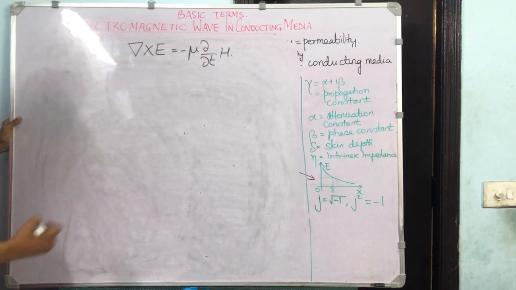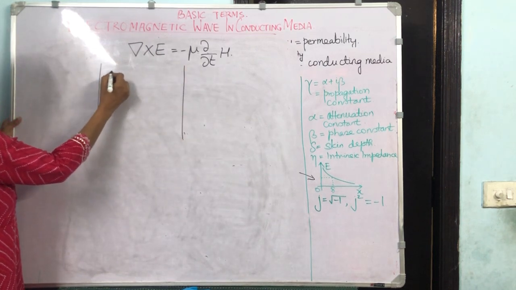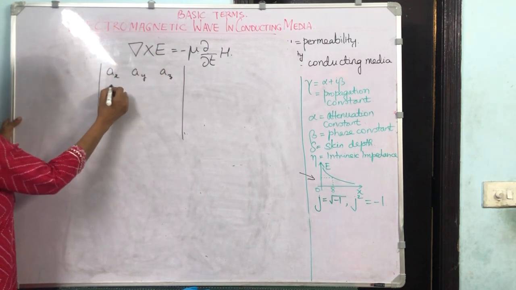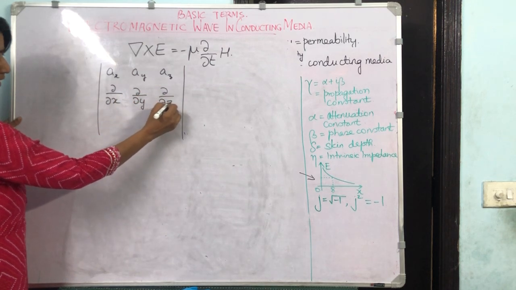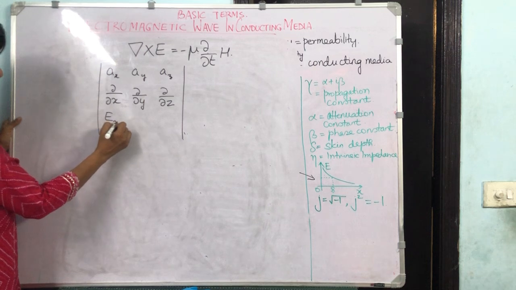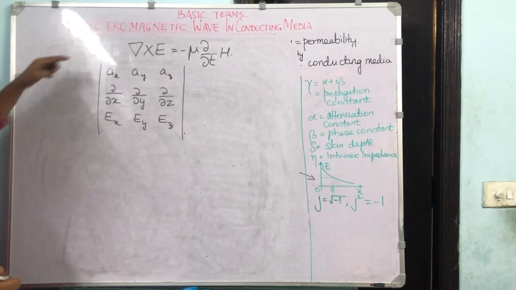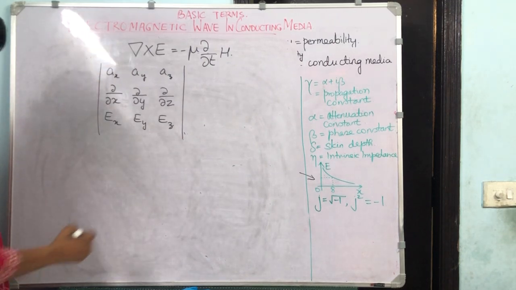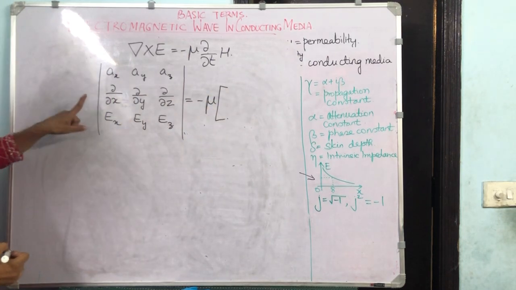Now if we make a determinant of this expression and solve it, it becomes AX, AY, AZ; del by del X, del by del Y, del by del Z; EX, EY and EZ. We are just solving this curl to find an alternative way of finding intrinsic impedance, which is minus mu into, now we will solve this.